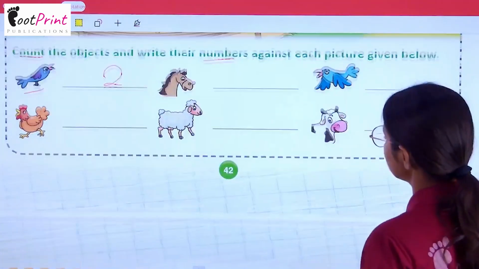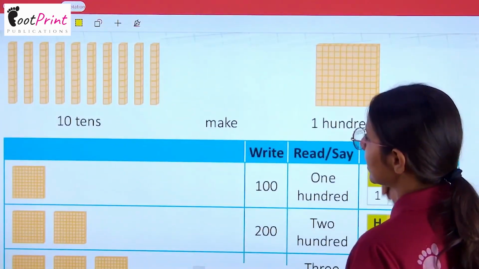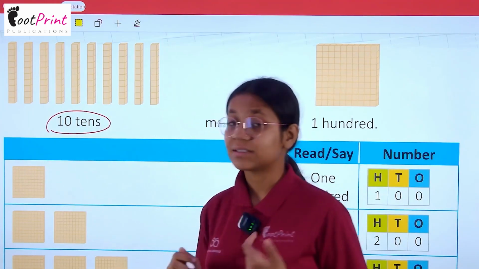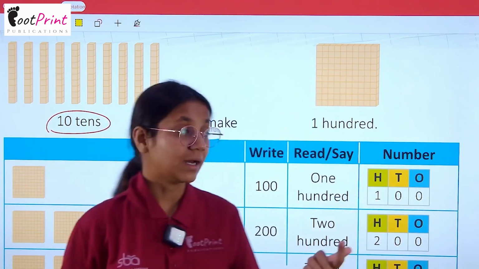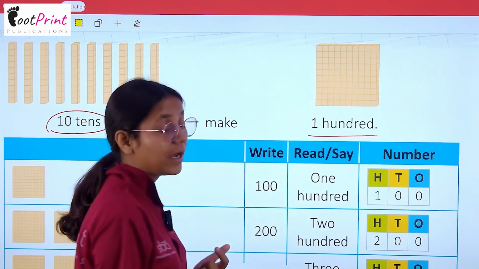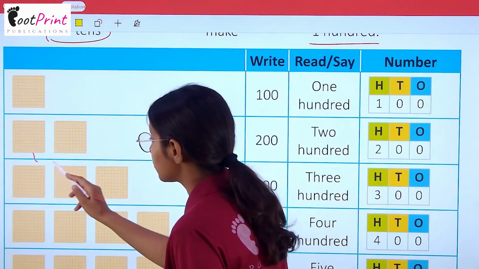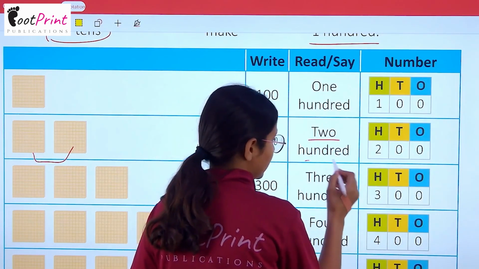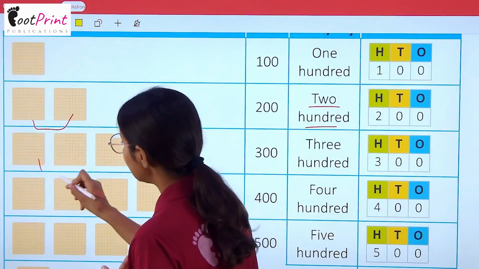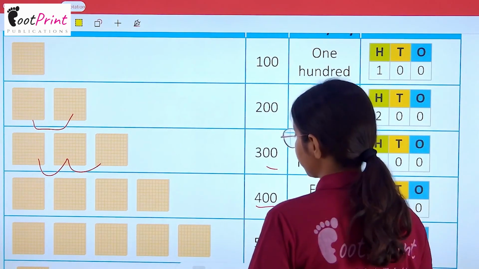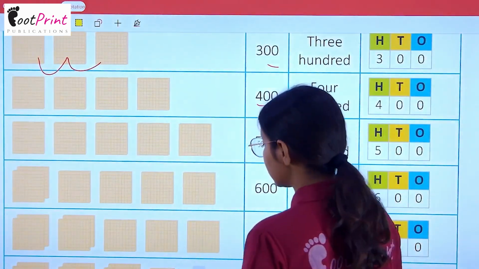Now, starting with the topic, as we all know, when we put together 10 tens, it makes 100. When we put 2 hundreds together, it makes 200. In a similar manner, 3 blocks make 300, 4 blocks make 400, 500, 600, 700.